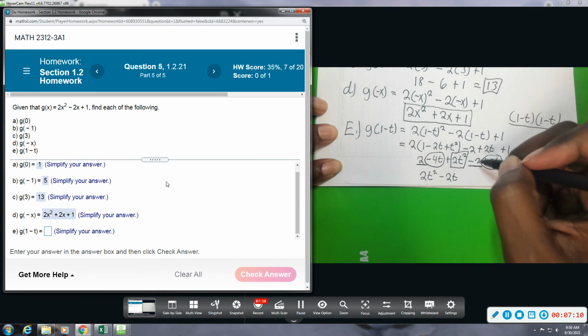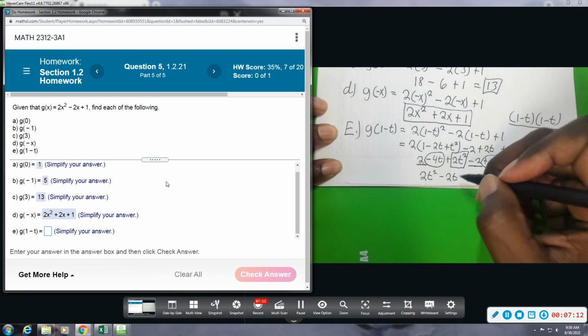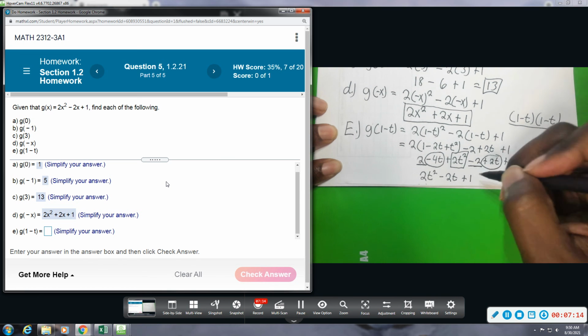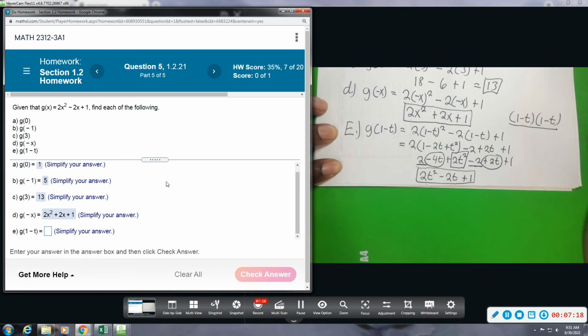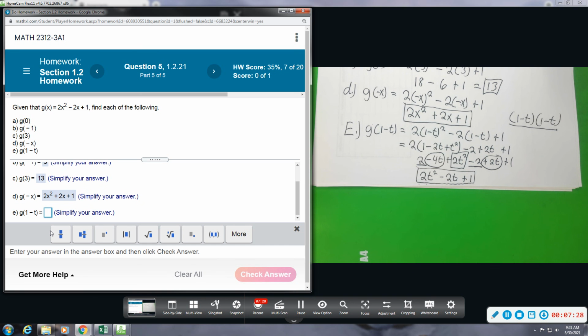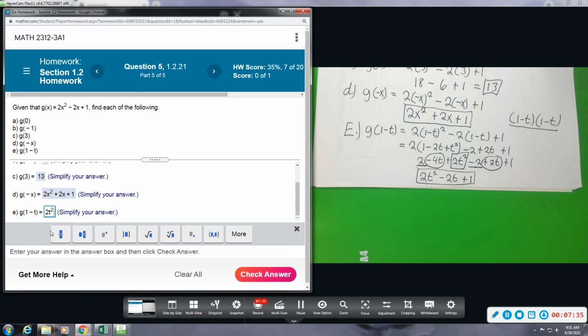Positive 2, a negative 2, they will cancel each other out, and we'll be just left with a positive 1. So this will be our final answer. Looks pretty much the exact same as the original, except the variable has changed to t instead of x. Two t squared minus 2t plus 1.